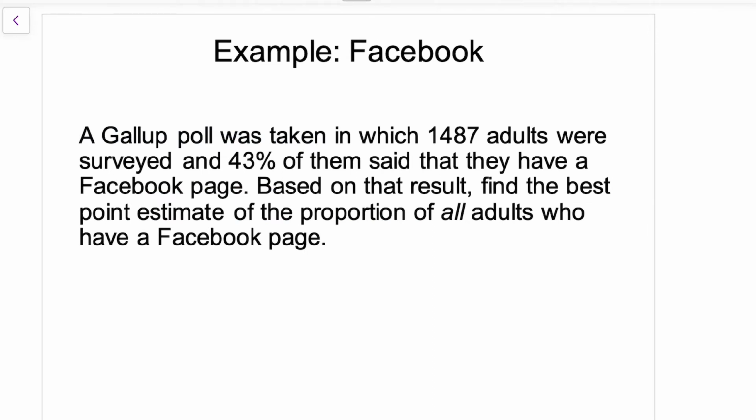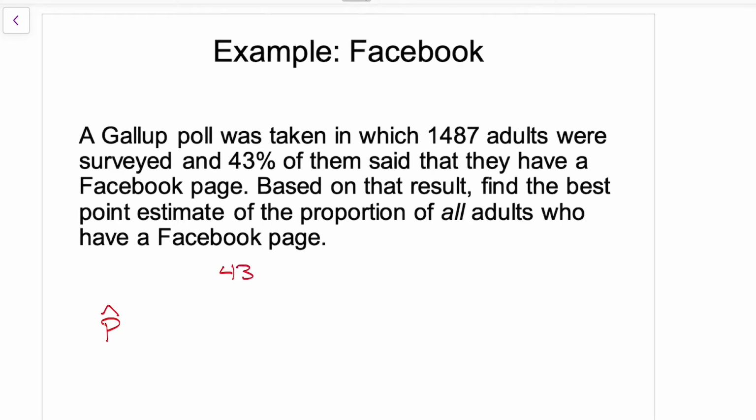A Gallup poll was taken in which 1,487 adults were surveyed, and 43% of them said that they have a Facebook page. So we want to find the best point estimate for the proportion of all adults. We want to find a proportion in our sample that can be representative of the entire population.